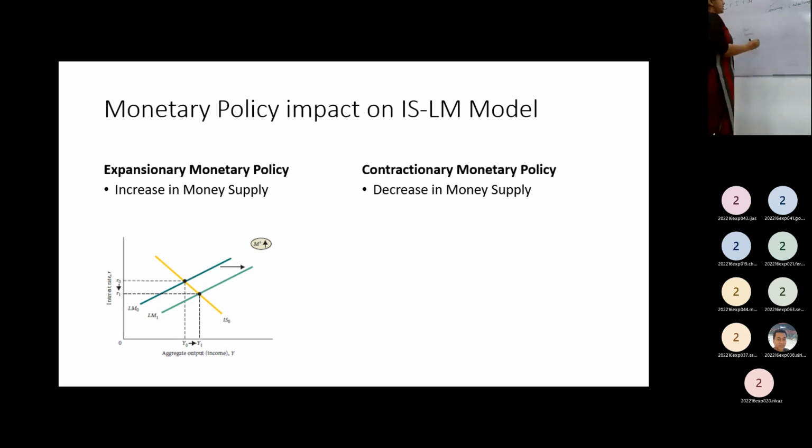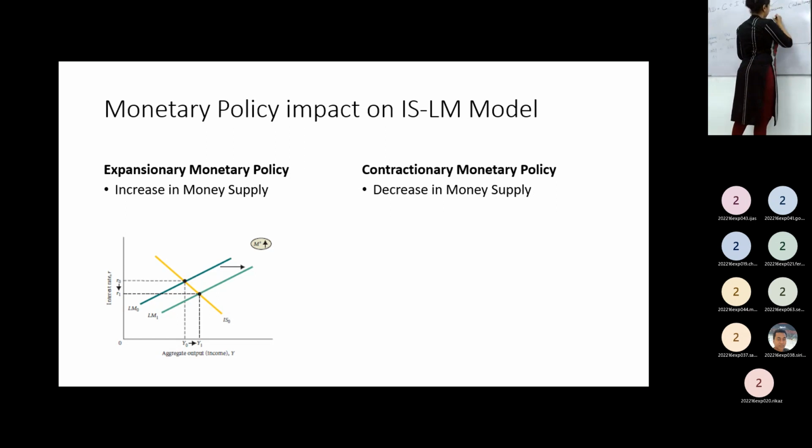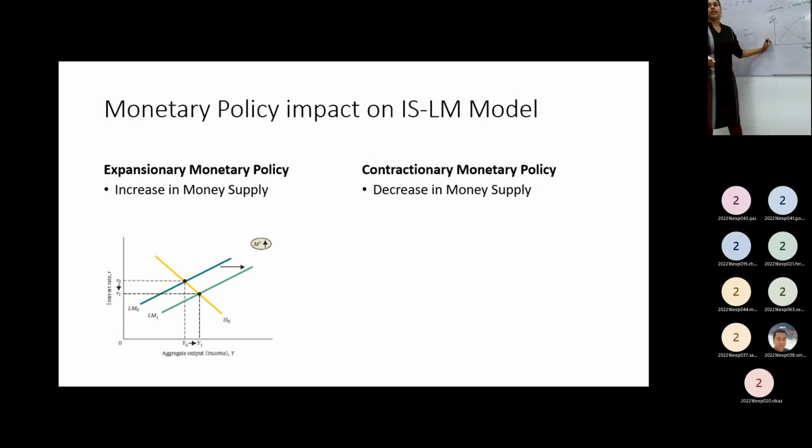So when there's a decrease in money supply, what will happen? You have your IS curve like this, LM curve like this. The LM curve will shift leftwards.